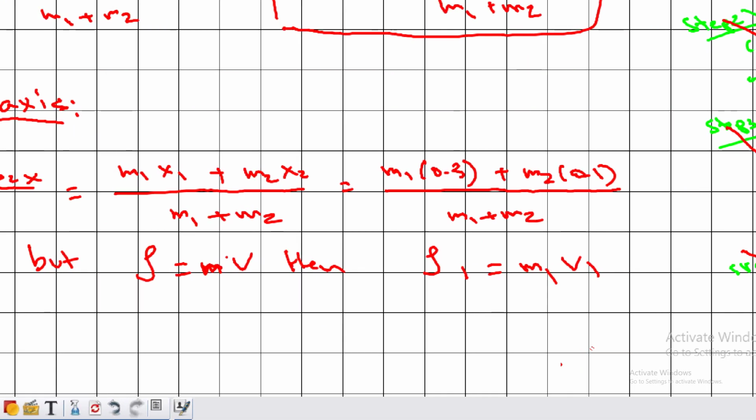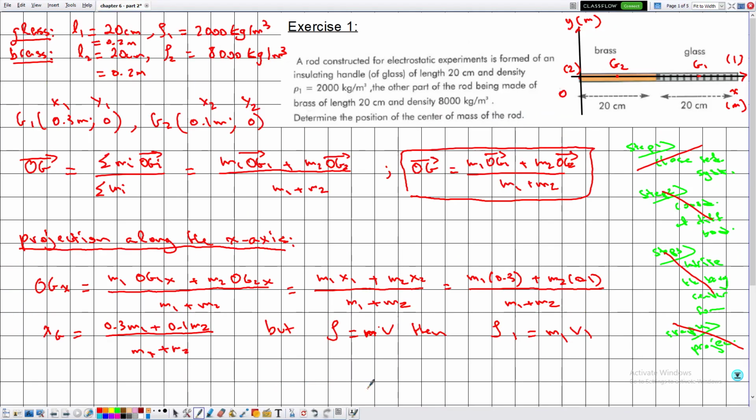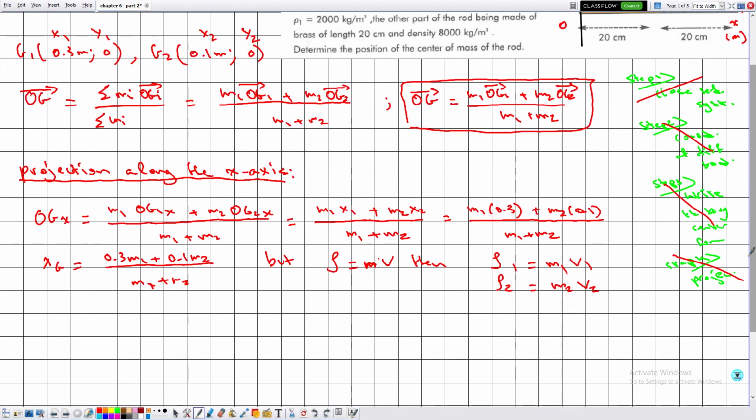Recall that density is equal to mass divided by volume. So whenever we are specifying the density of a certain object labeled by the index 1, then we are talking about its mass, which is given by M1, and its volume, which is given by V1. Okay. Now similarly, rho 2 is given by M2 divided by V2. So now replacing the expression in xG, what do we have? We have xG is equal to 0.3.